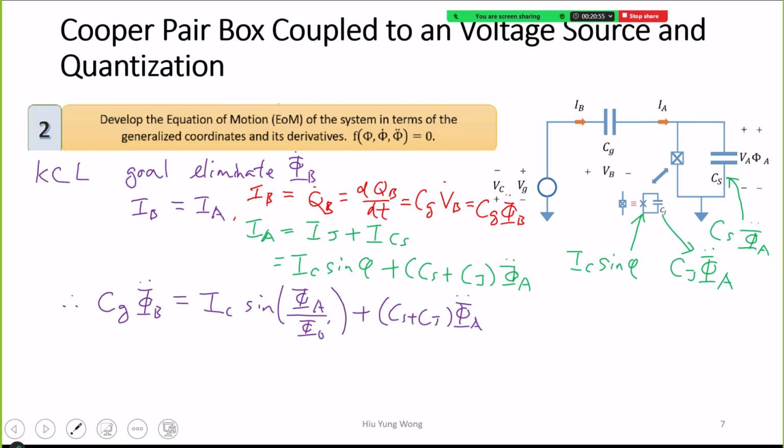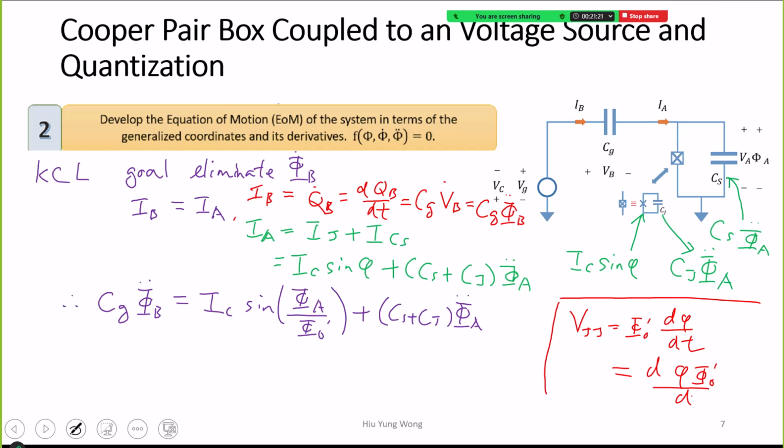The reason is also the second Josephson law: V_J equals the reduced flux quantum times d phi/dt. So this guy, phi times the reduced flux quantum, looks like a flux, and this looks like d flux/dt.